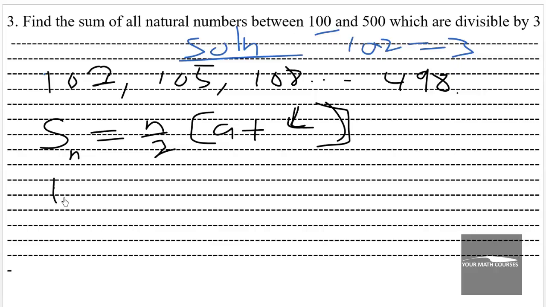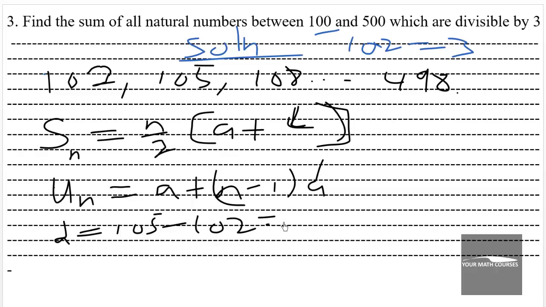We can use u sub n is equal to a plus n minus 1 d. The d is the common difference, which is 3. So d is equal to 105 minus 102, and that will give us 3. Then the a is 102.